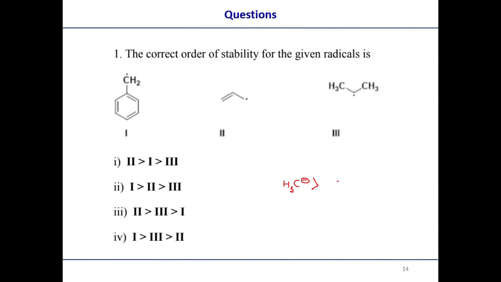It is more stable compared to the secondary carbon, and the tertiary carbanion is least stable. This is the stability order of carbanions.